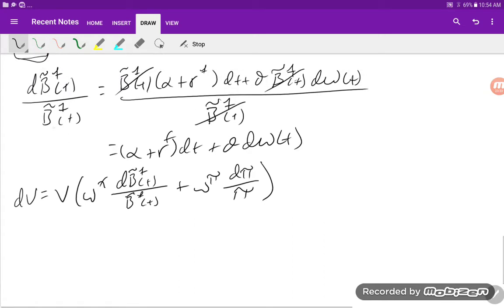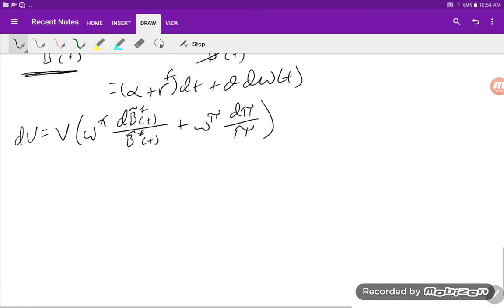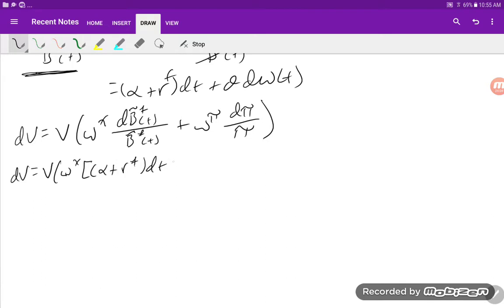All right, now filling in this and this, we're going to get that dV is equal to, and again, I could have t dependences here, but I'm trying to save a little room, V times weight in the underlying times alpha plus r_f dt plus sigma dWt plus the weight of the claim times alpha subscript f dt plus sigma subscript f dWt.